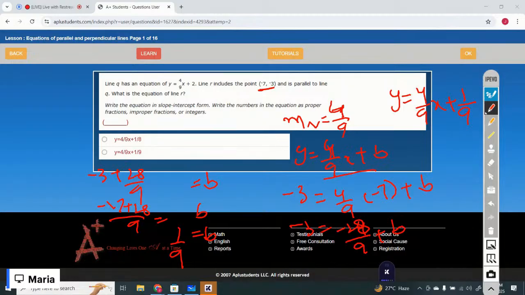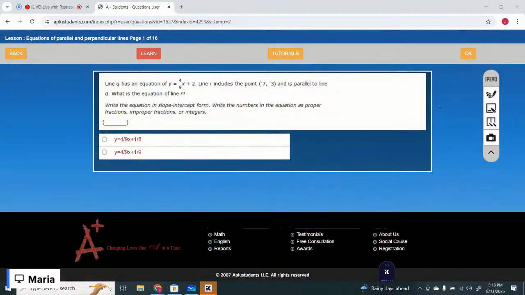So the equation is y equals 4 over 9x plus 1 over 9. Option number 2 is the correct option.